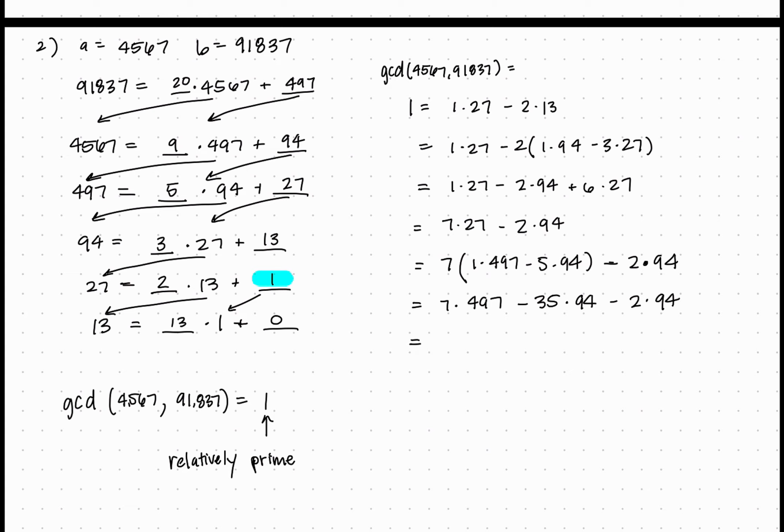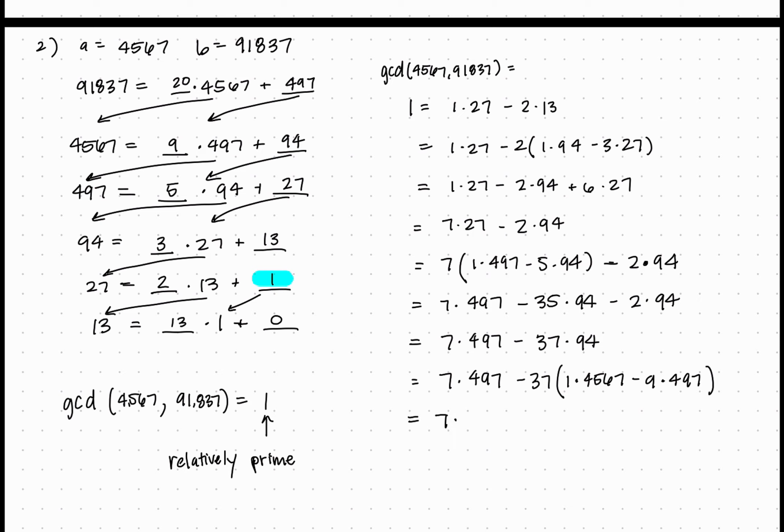I can combine like terms. I have 7 497s, but now I have negative 37 94s. Now looking at these two, I'll move up one to my 94 row. So I have 7 497s minus 37, and I can rewrite 94 as 4,567 minus 9 times 497.